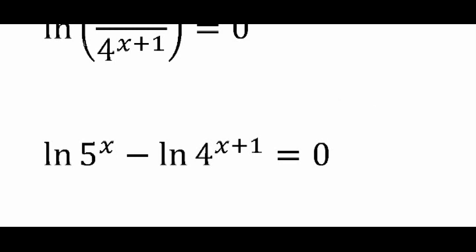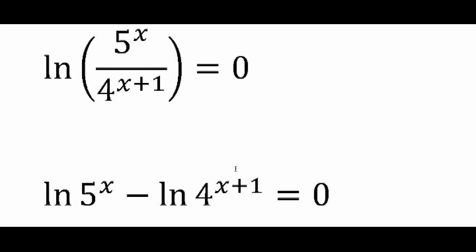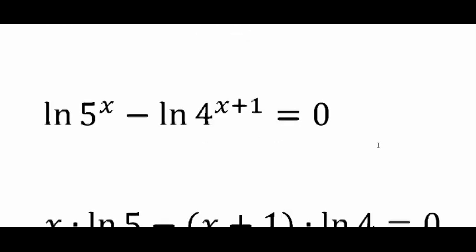So we've now gotten this quotient into a subtraction problem, and again, all of these laws of logarithms come from the laws of exponents, where if you have a variable like x to the 2 over x to the 3, it becomes x to the 2 minus 3. And since the logarithms really represent the exponents, this is what you get. So that's where this law of logarithms comes from.